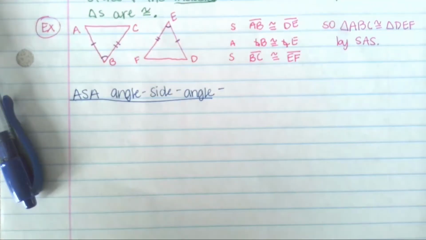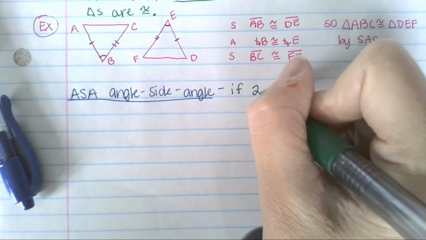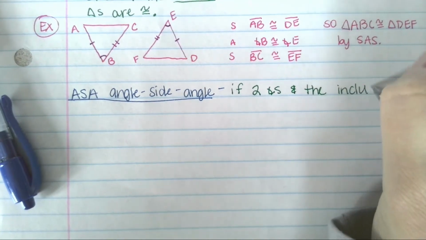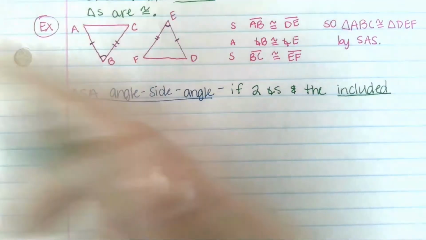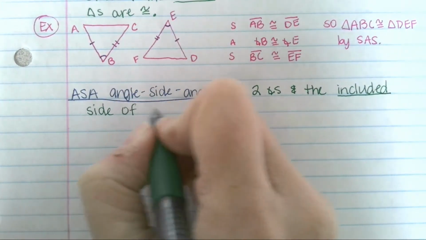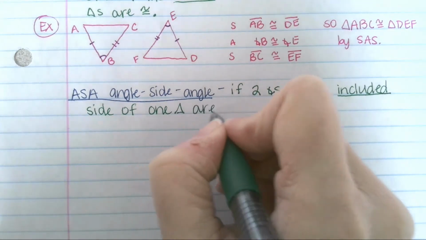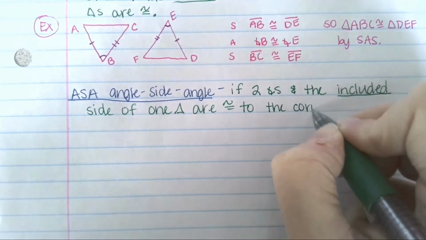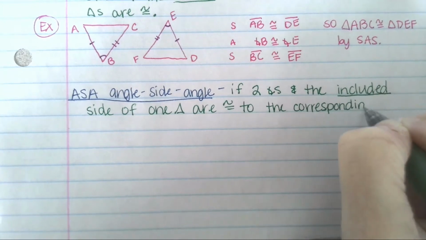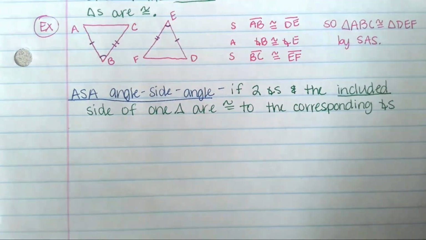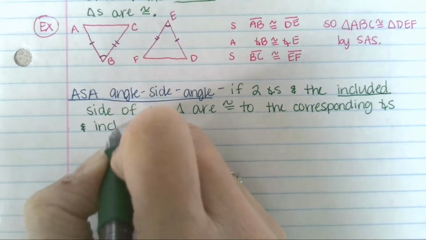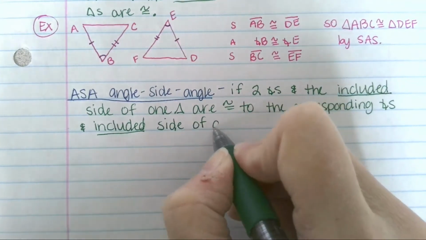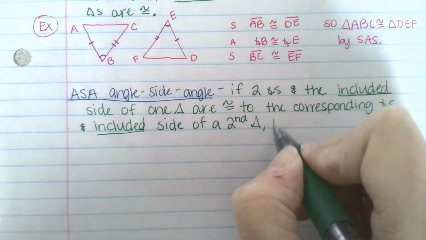So this one states, if two angles and the included side of one triangle are congruent to the corresponding angles and the included side of a second triangle, then the triangles are congruent.